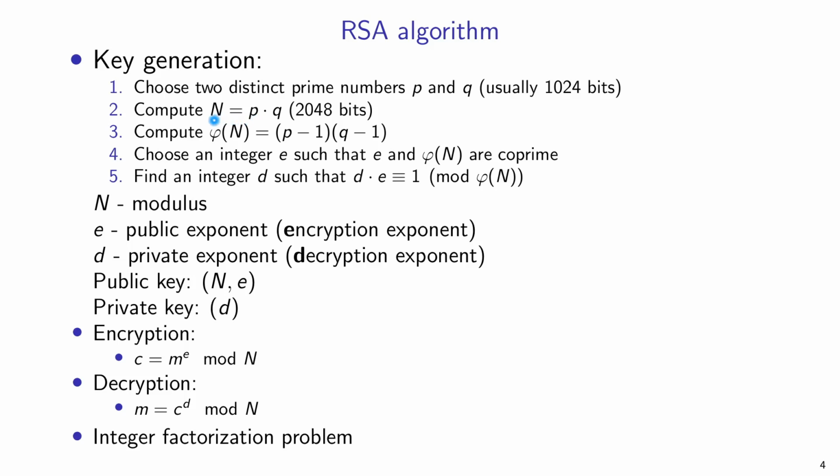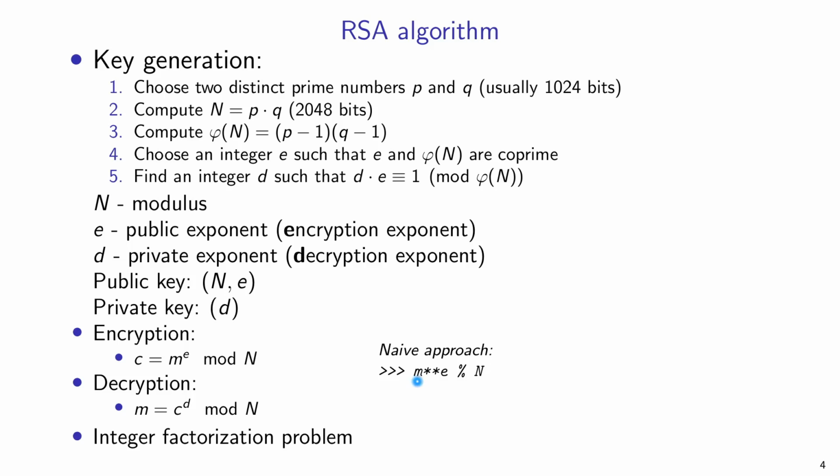Sure, we can try dividing N by all possible prime numbers until we find one which divides N. But if N is large enough, there are too many primes to try, even if we spend all our lifetime on that. Okay?